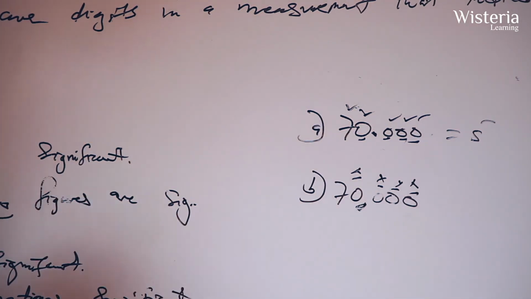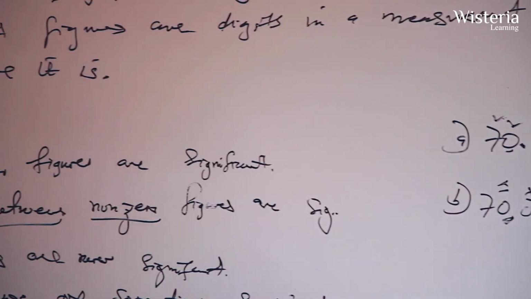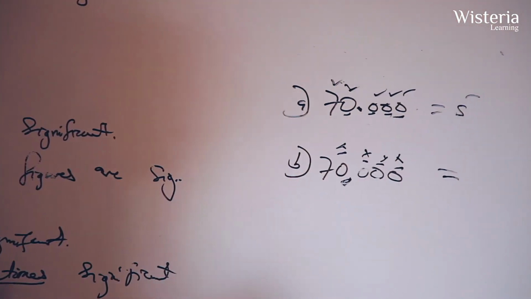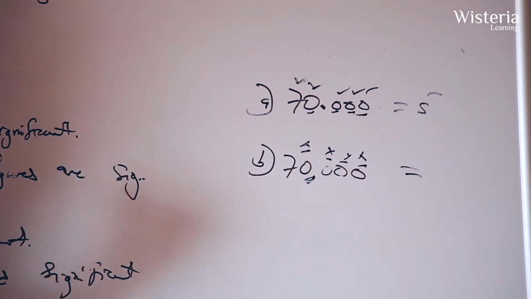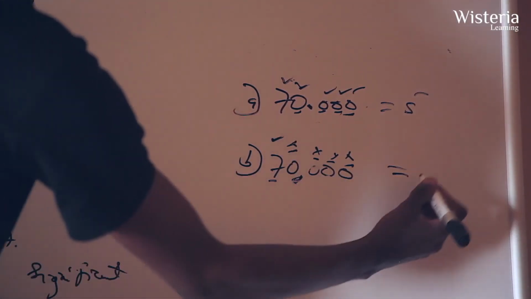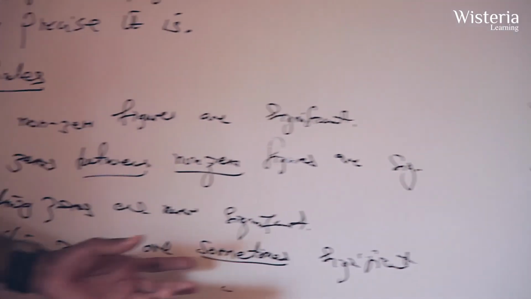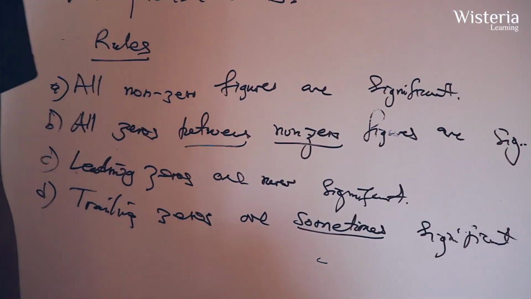But the 7 is significant because of rule A. So we can conclude that in this number we only have one significant figure, which is the 7.